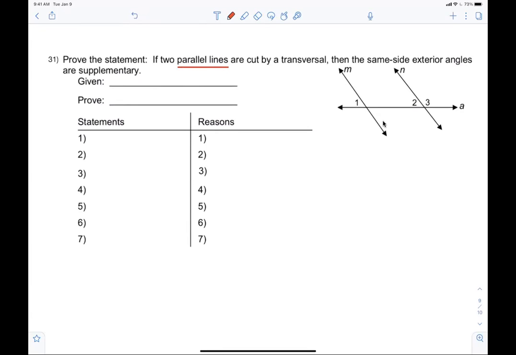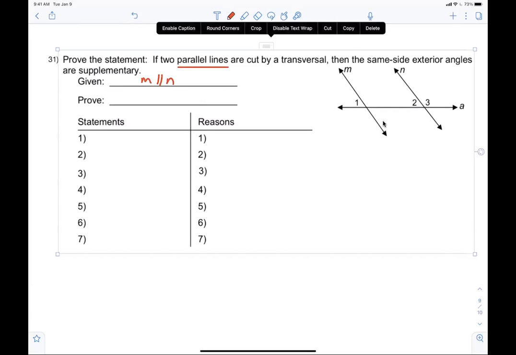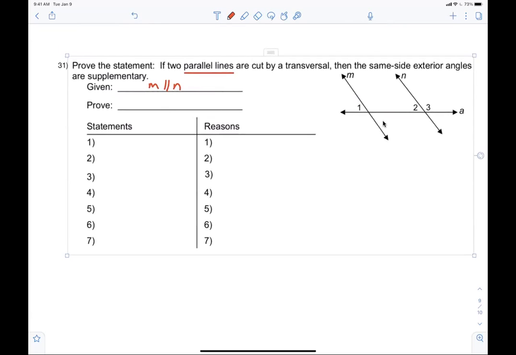So M, thank you, Lexi, is parallel to N. And then what are we trying to prove? We're trying to prove that angle 1 is supplementary to angle 3. That's what we're trying to prove, right?